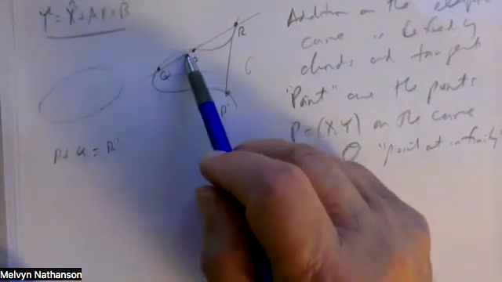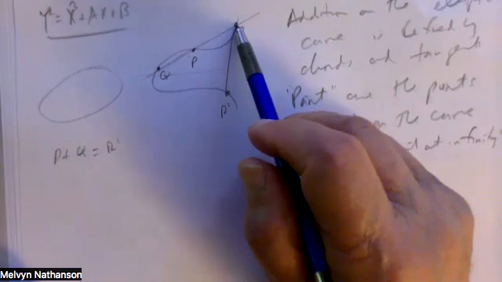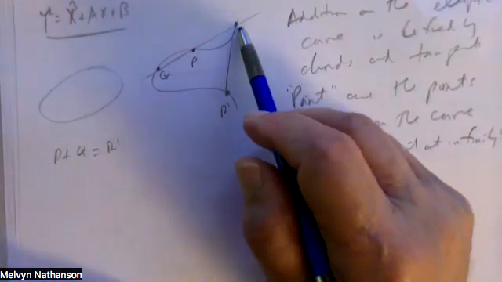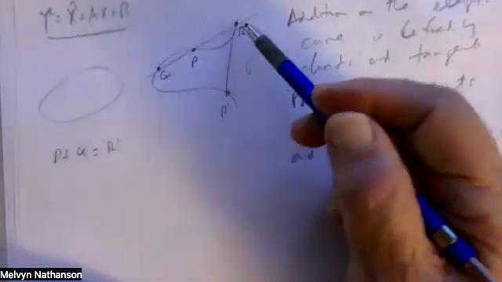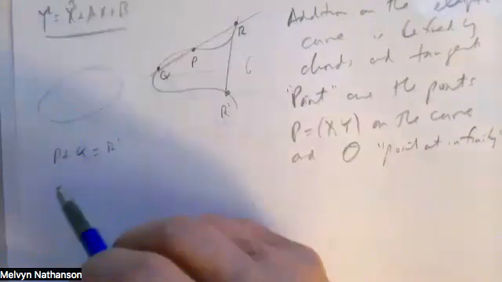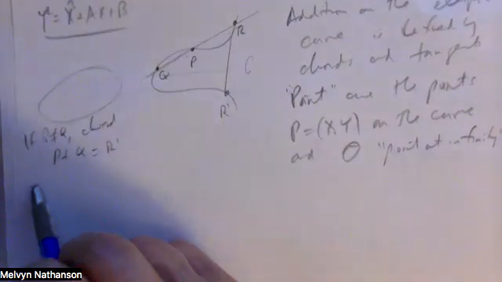So you take the chord through P and Q, it will always cut the curve at a third point. That's the key: I take the third point where the line and the curve intersect, reflect around the x-axis, and call this point R prime the sum of P and Q. This is in the case that P is different from Q, where we use the chord through P and Q.